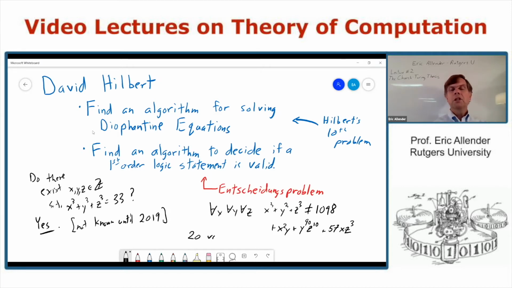That also means that there are statements that look like this, except with 20 variables, such that it's a true statement, but there will never be a proof of that statement. In other words, what's the connection between an algorithm to decide if a statement is valid, or it's easier to see, an algorithm to find out if there's a proof of a particular statement.